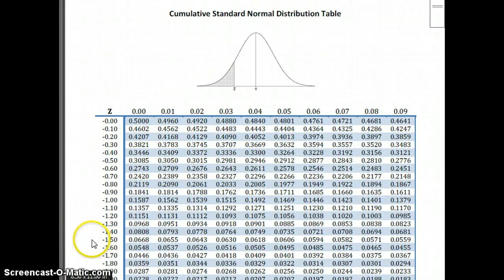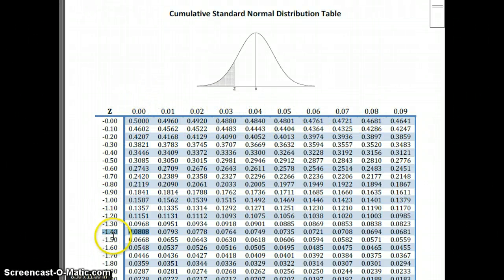Let's say we wanted to find the area corresponding to the Z-score of negative 1.40. Negative 1.40 is located here on the left-hand side. Since the Z-scores are always rounded to the nearest hundredth, which is 2 decimal places, I find the nearest hundredth by looking at the top row up here.